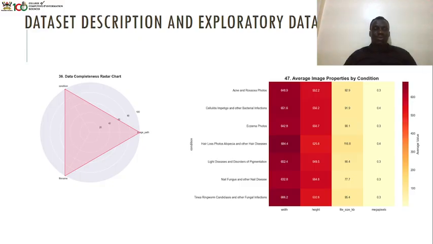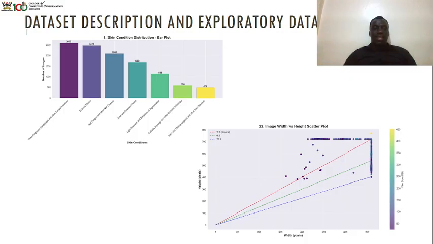We want to understand what kind of data set we are using here, and we can see the average image property by condition. We have 7 conditions that we are working on so far, and for all the 7 conditions we can see, according to their average image properties, how they are based on the width, height, and file size plus the megapixels. And then the same thing here applies, only that this one is the skin condition distribution bar graph.